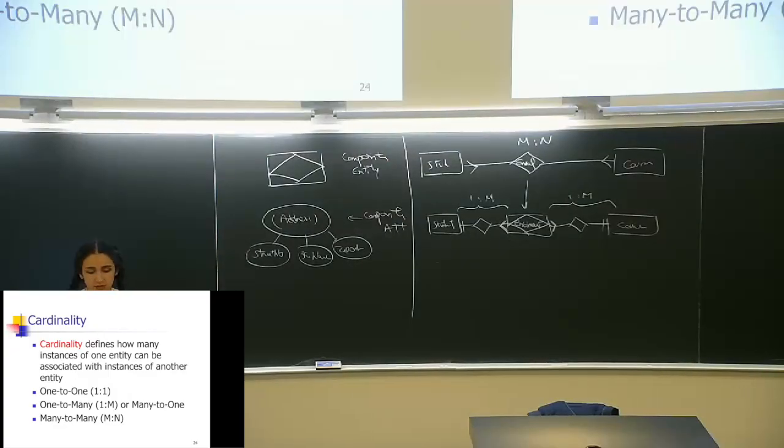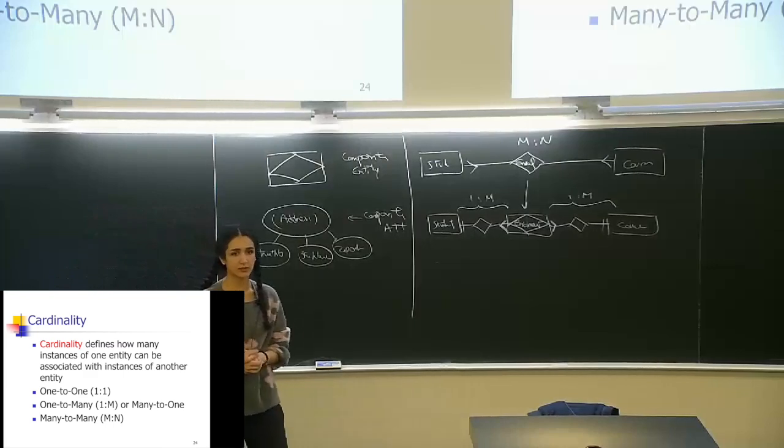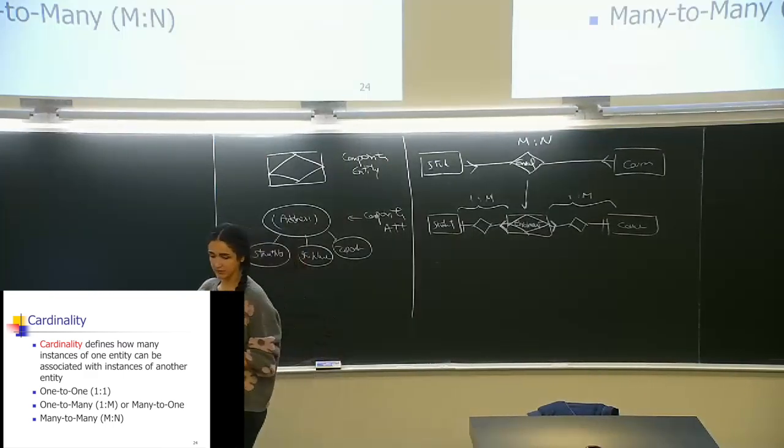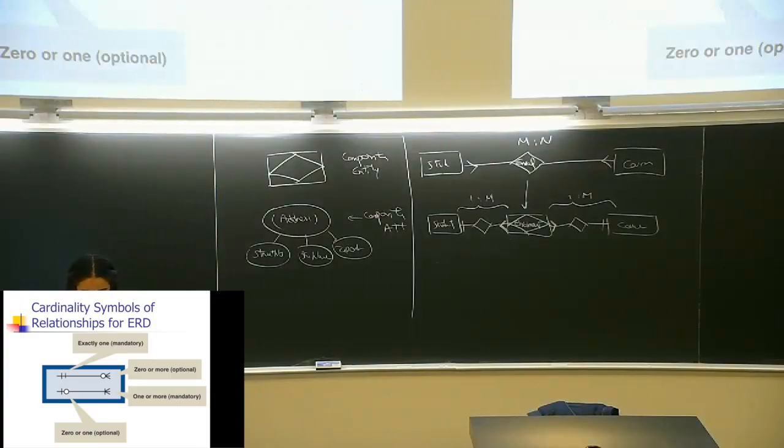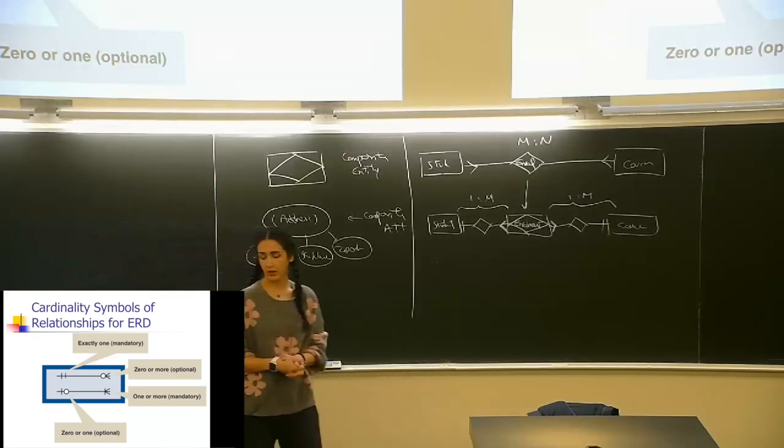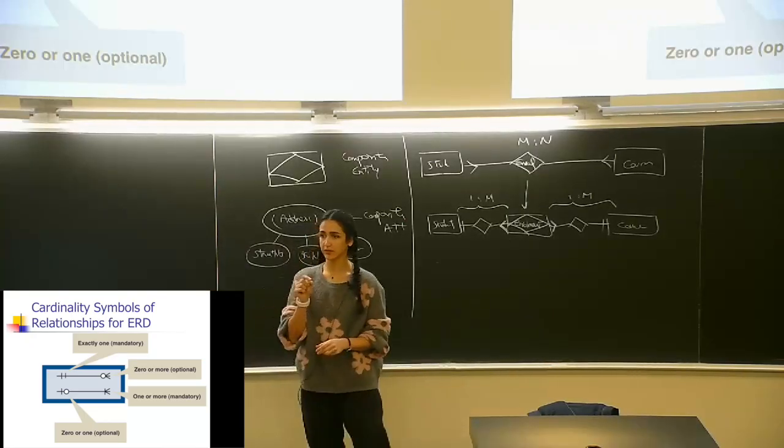And cardinality is just defining how many instances of one entity can be associated with how many instances of the other entity that we already mentioned. In some models, they also identify the exact numbers, but for the sake of this course, you don't need that. You only need to specify whether it is one-to-one, one-to-many, many-to-many. We also want to see the cardinality symbols, right?